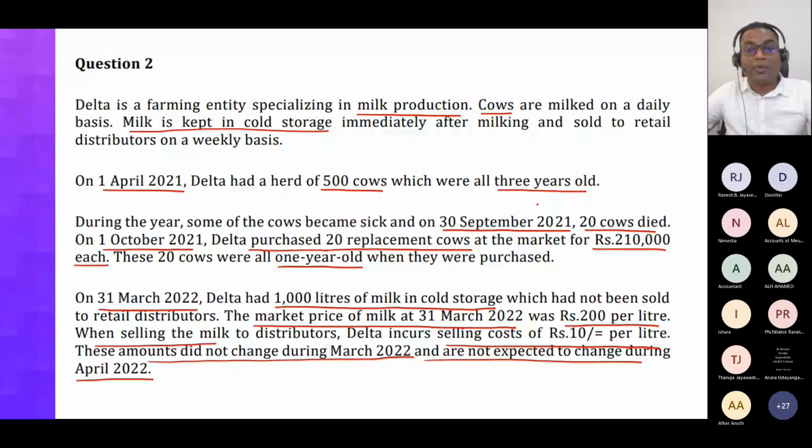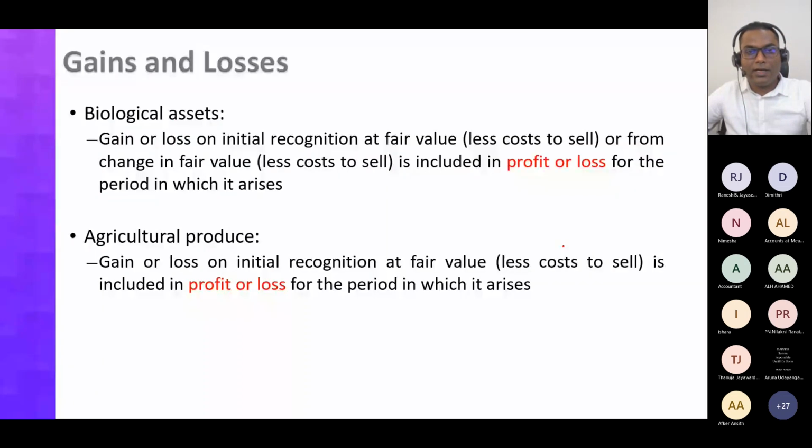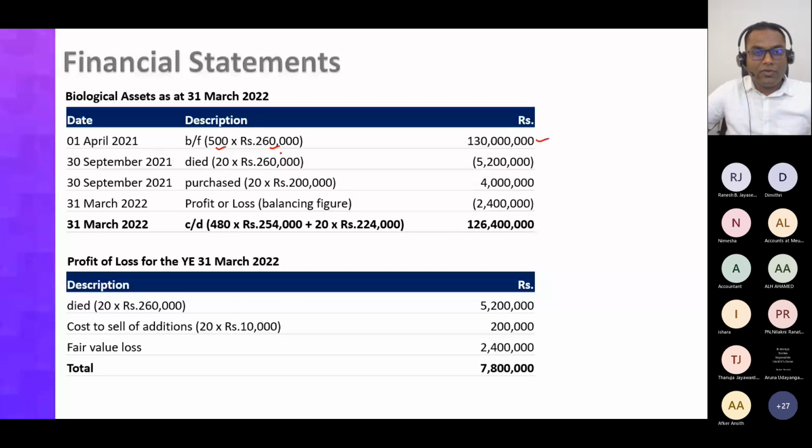Then you can take the proportionate value of these 20 cows. Or else, one cow was valued at 260,000. So you take 20 cows, 260,000. How much is the answer? 5.2 million, right?